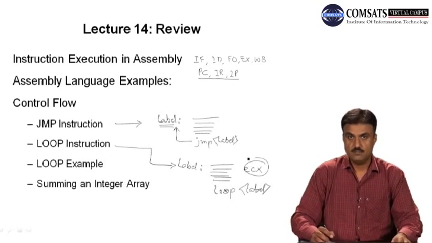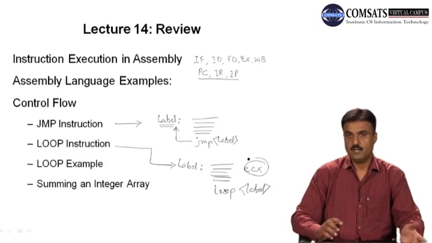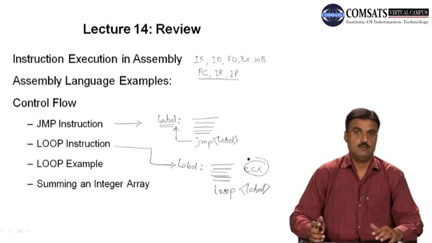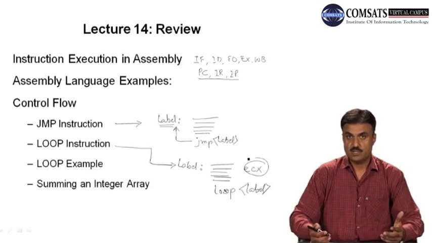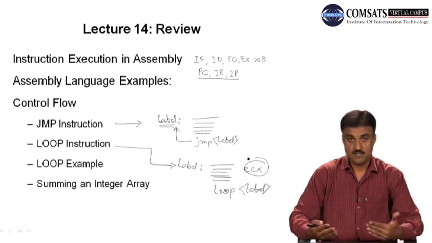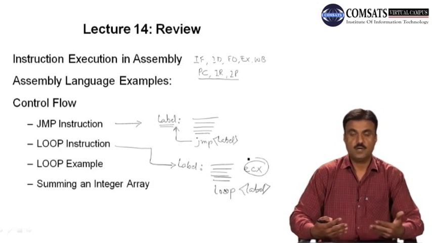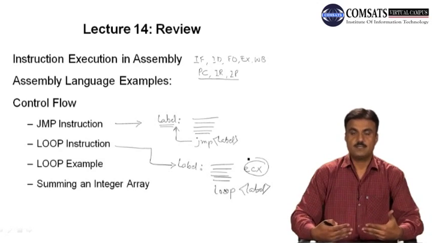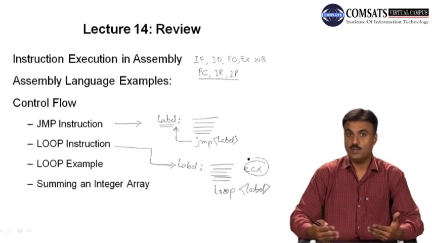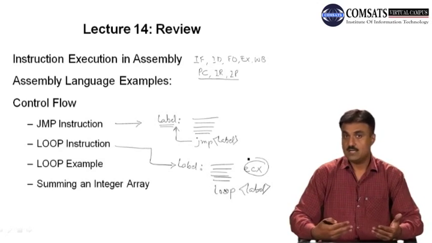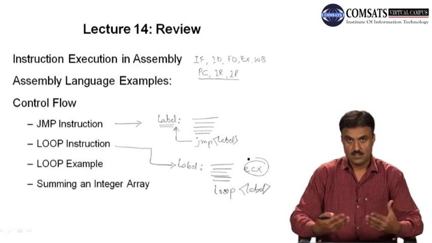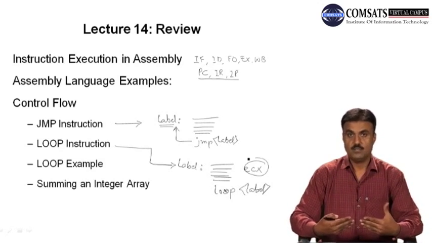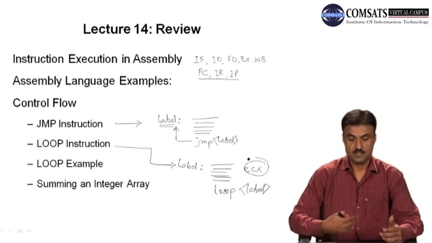This ECX register was assigned some value, and then we call the loop instruction, which automatically decrements it. There was one condition: if ECX is not equal to 0, then loop. If ECX is equal to 0, then the sequential flow of the program continues.